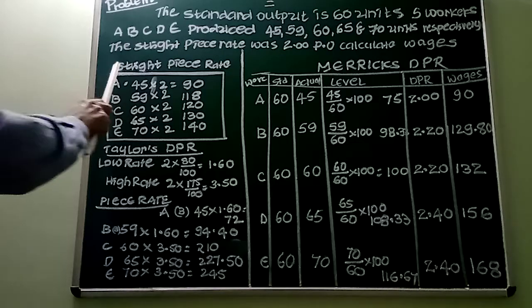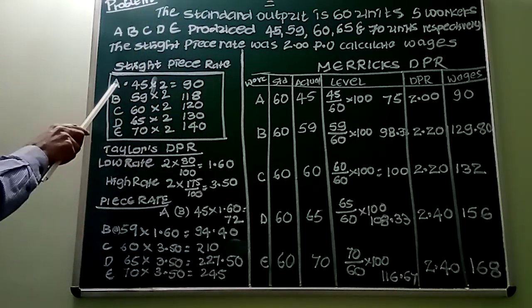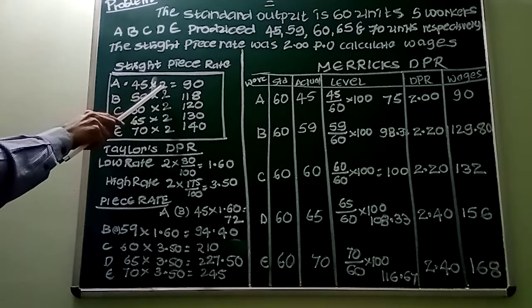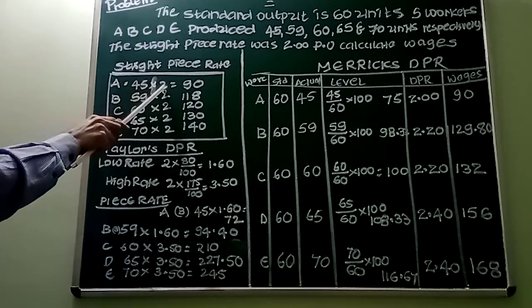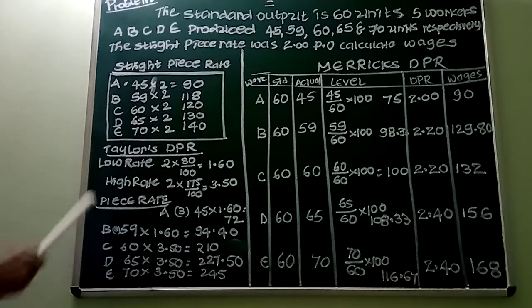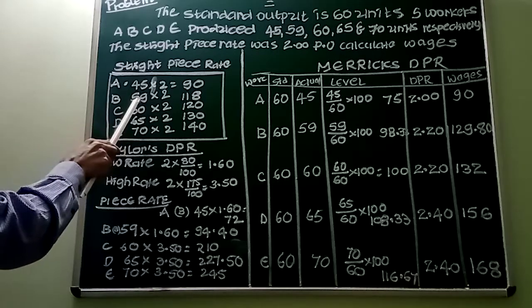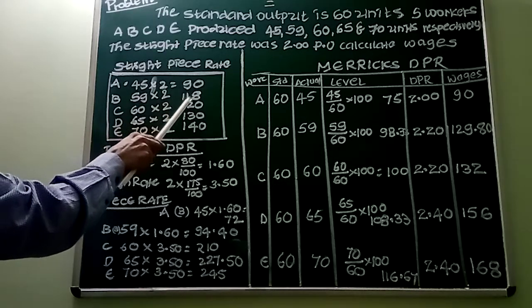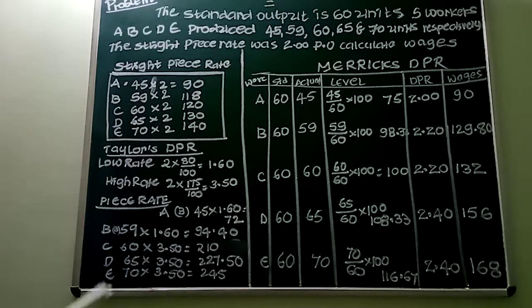Under straight piece rate, take for example A, he has produced 45 units, piece rate is 2 rupees, so 45 into 2 is equal to 90. B has produced 59 units, so 59 into 2 is equal to 118 rupees.